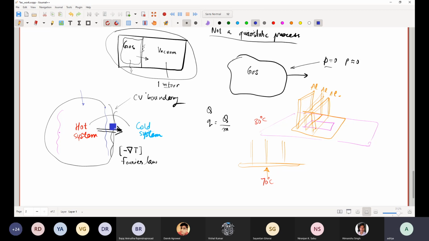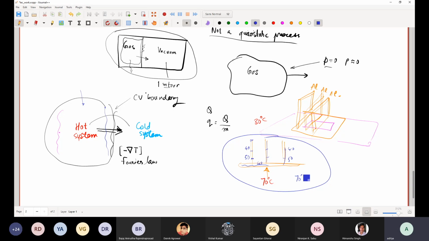So the microscopic study of heat transfer will tell you that the distribution of temperature is like maybe 60 degrees over here, then 50 degrees over here, then 40 over here, and finally the tip becomes 30 degrees. This is how the temperature distribution will be. But in the macroscopic study that we are trying to do, we will consider this as a mass at a certain average temperature.